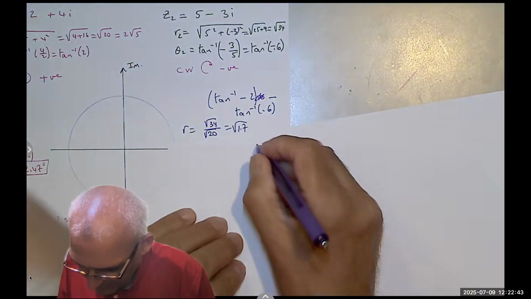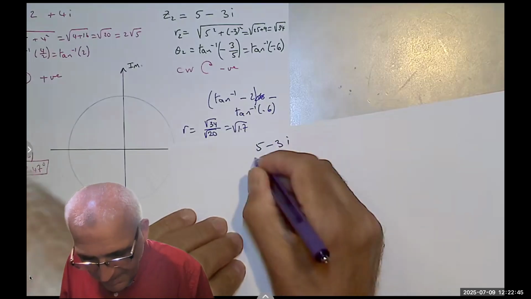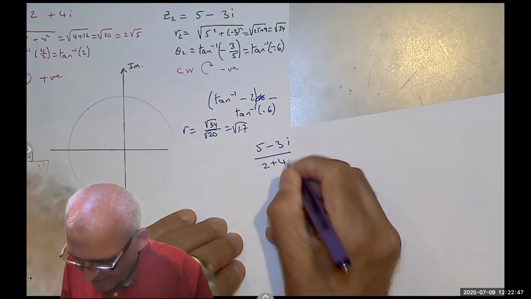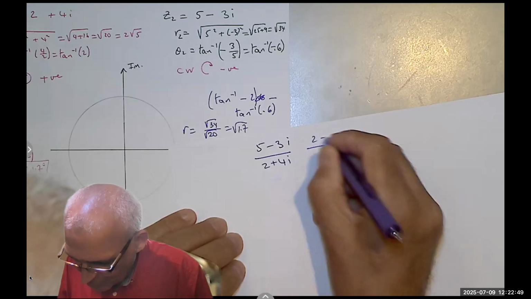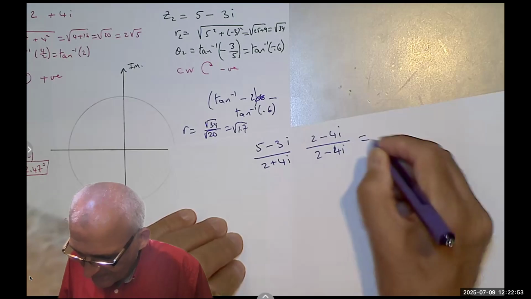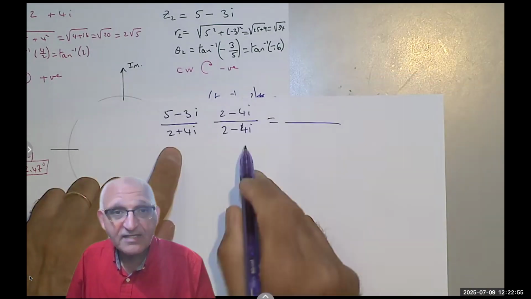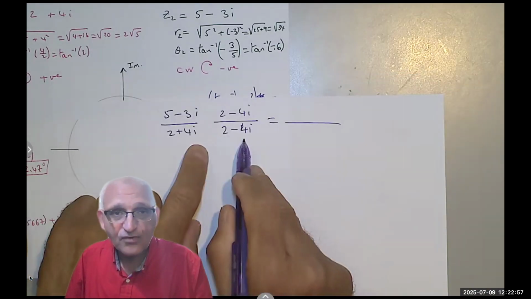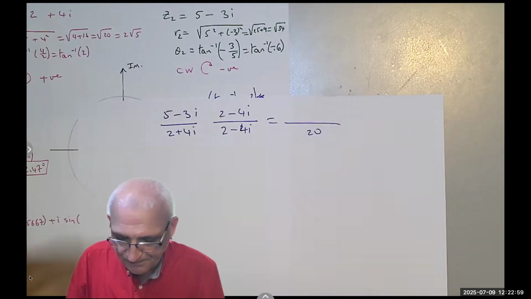So we divided 5 minus 3i by 2 plus 4i. So we have to multiply by 2 minus 4i. The denominator, remember we said when we get that, you square the 2, you square the 4, and add them up, so you get 20.